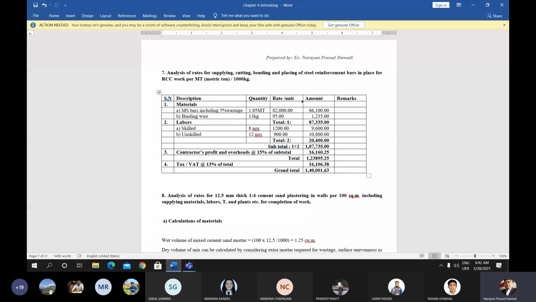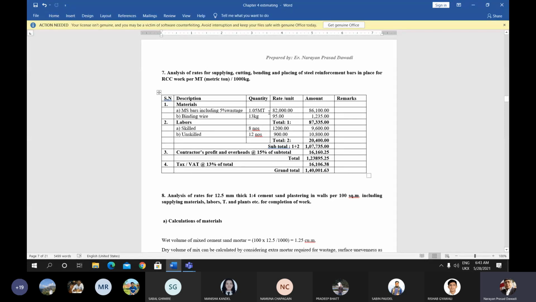The pieces of 9 inches, the pieces of 1 foot are not used in the construction for laying the mild steel bar. That's why that may be wastage. So considering the 5% wastage of the mild steel bar, for 1 metric ton of mild steel, we should bring the mild steel of 1.05 metric ton.